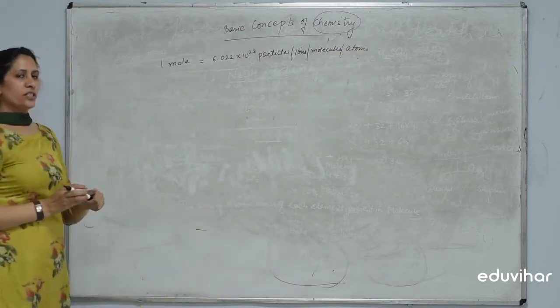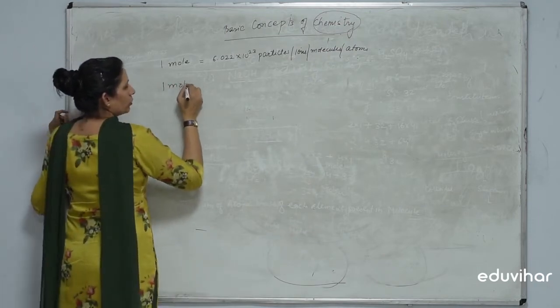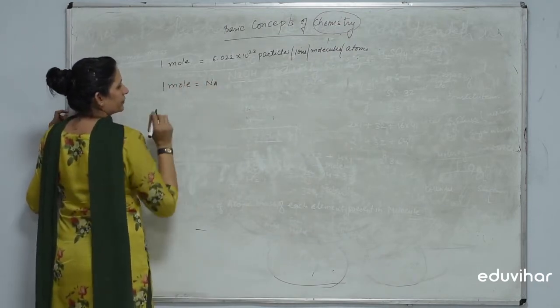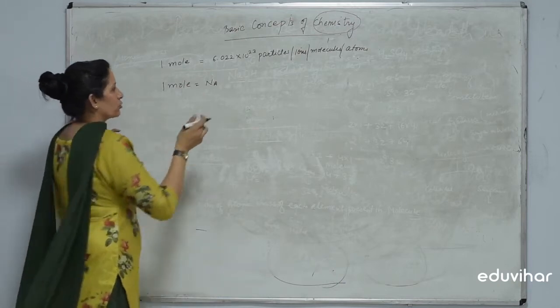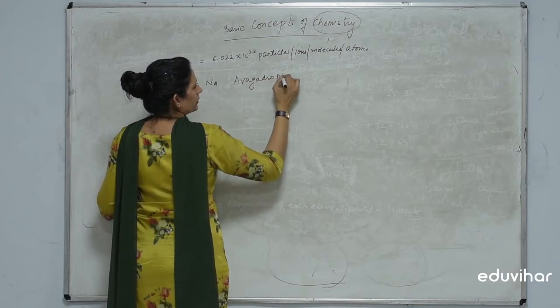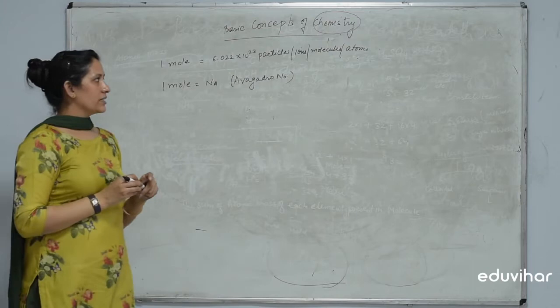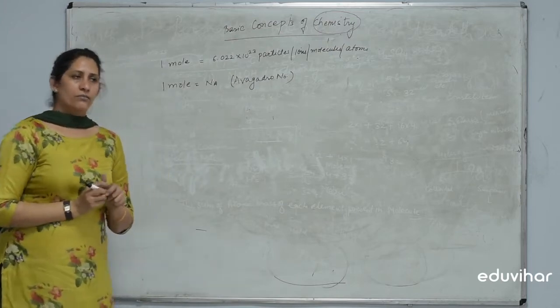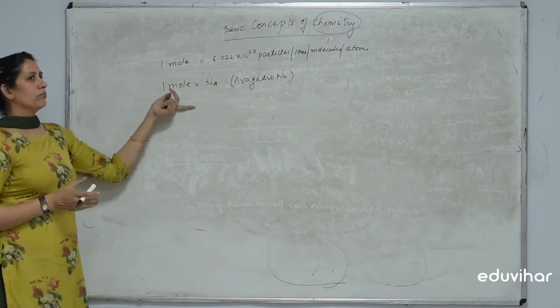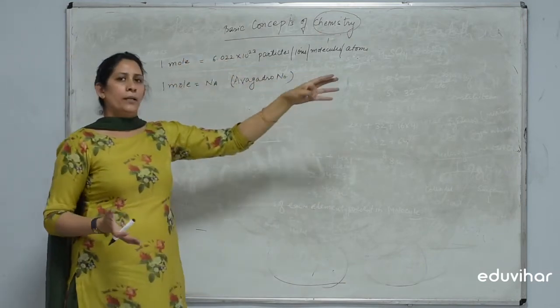Okay, this is the Avogadro number. We can say 1 mole is equal to Na. Na is known as Avogadro number. This is the measured quantity. You can say that 1 mole describes to us this number of particles.